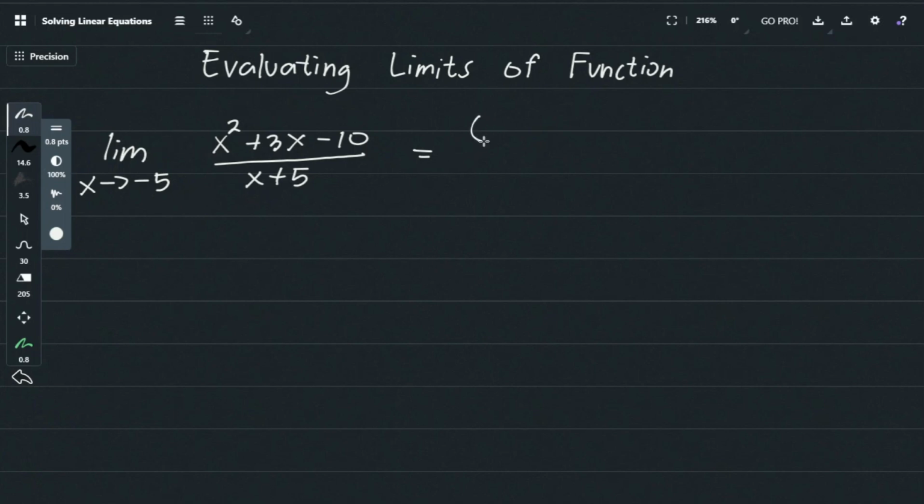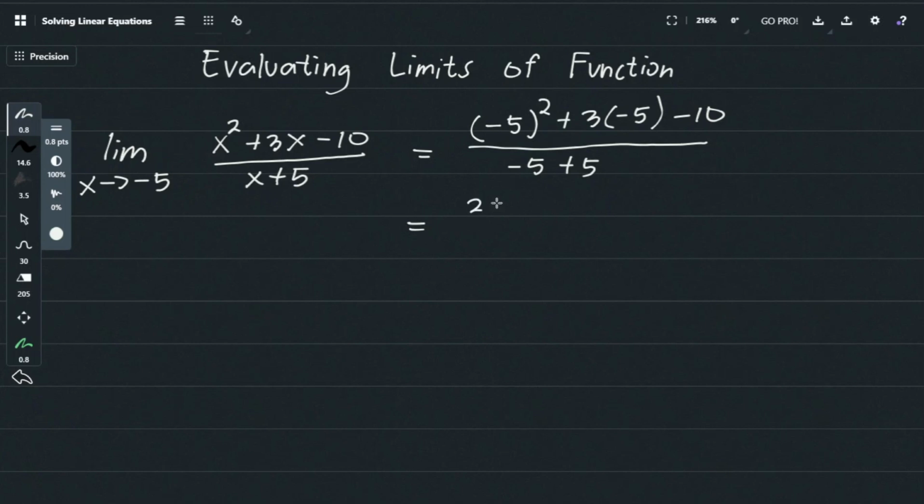So we have negative 5 squared plus 3 multiplied by negative 5 minus 10, all over negative 5 plus 5. So negative 5 squared is just equal to 25.